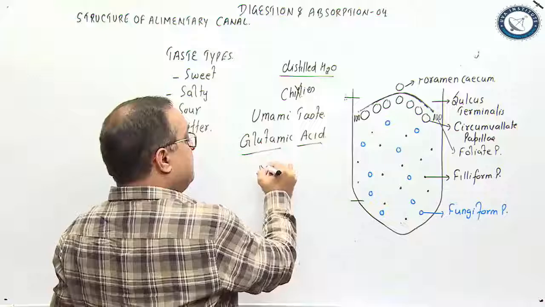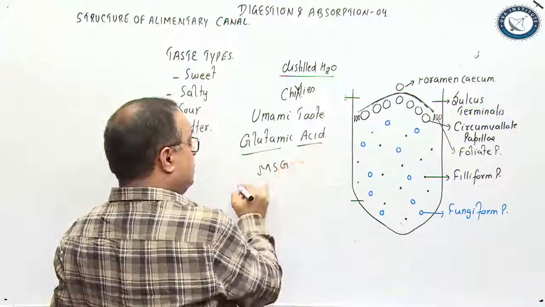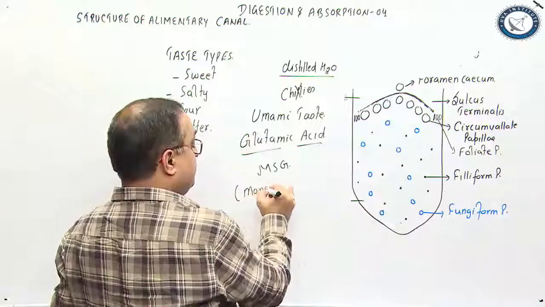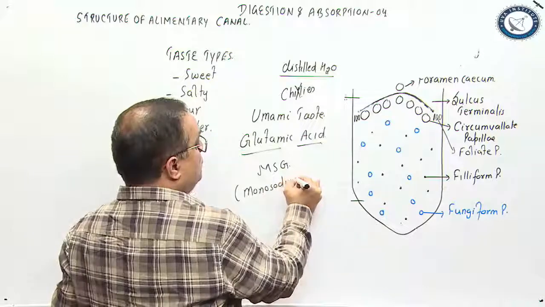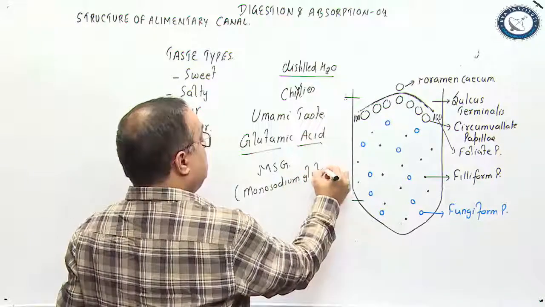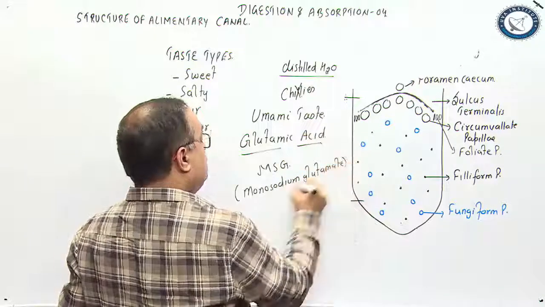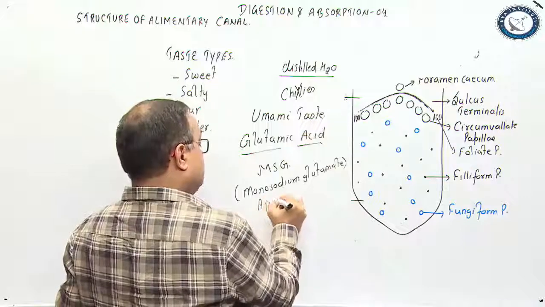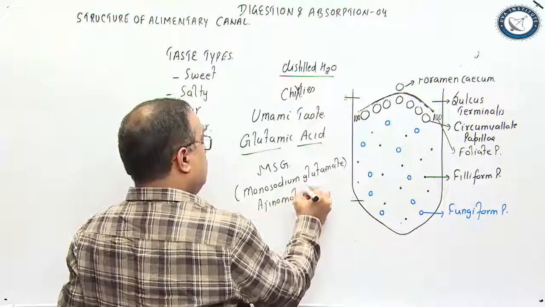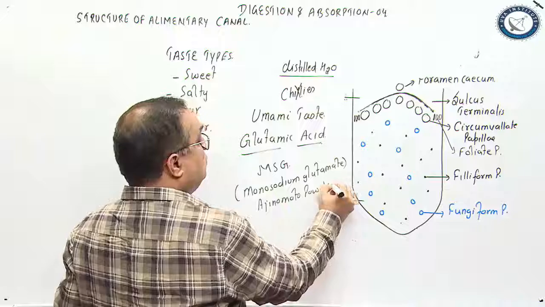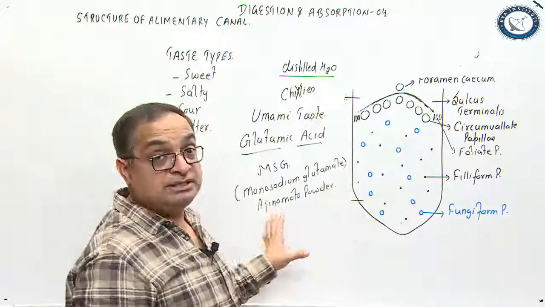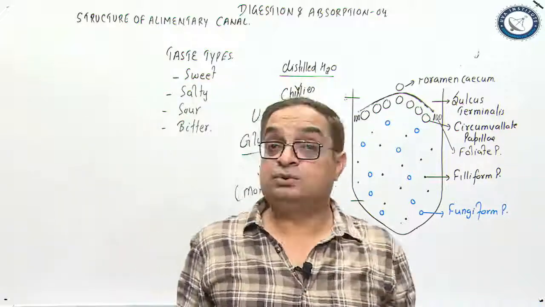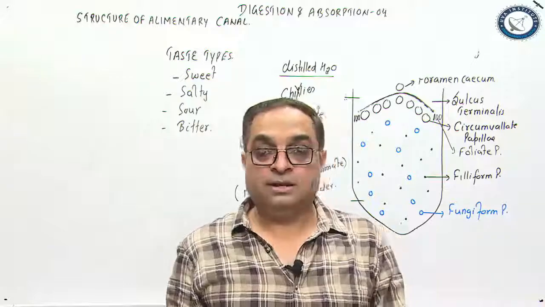You must be knowing that MSG, monosodium glutamate, or Ajinomoto powder, is added to food substances to produce umami taste. In high dose, it is carcinogenic, so it's not good for health, right?